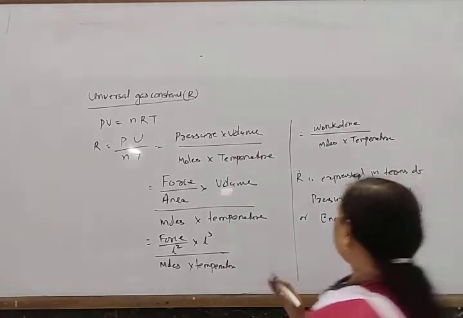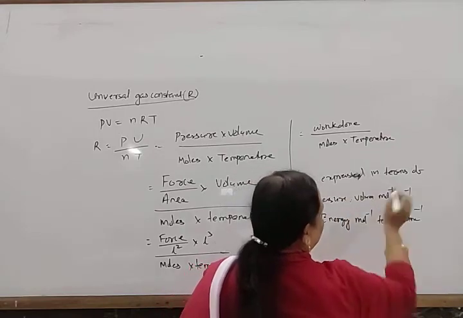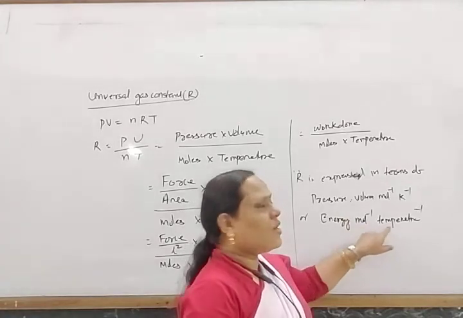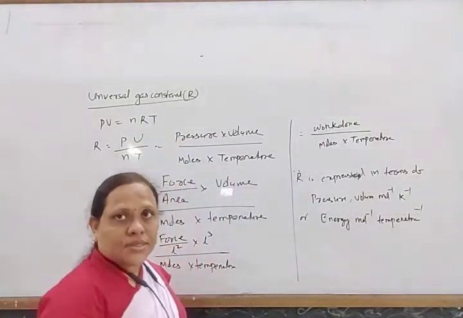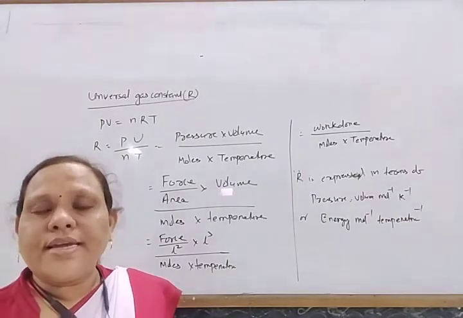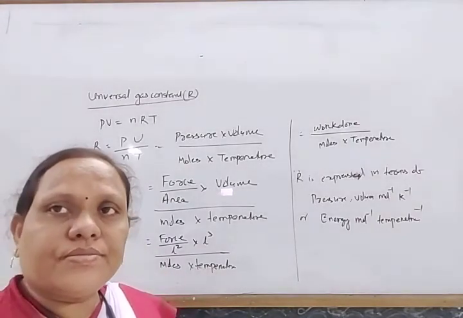So R is expressed in terms of pressure, volume, mole inverse, temperature inverse, or in terms of energy, mole, and temperature inverse. Let us write down what the values of R are in different terms.